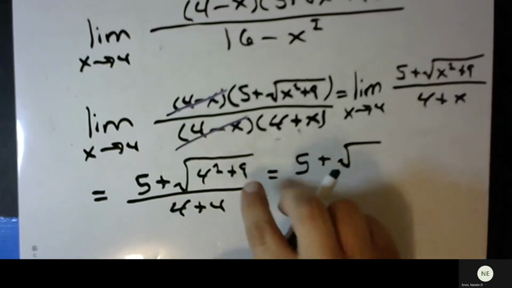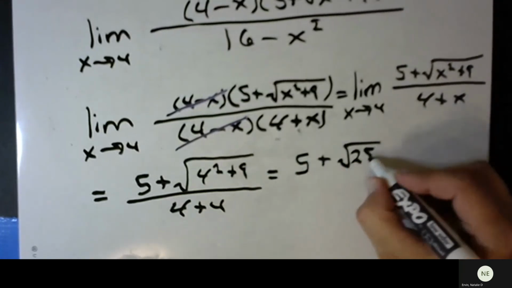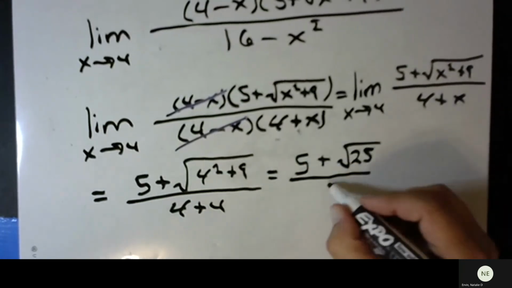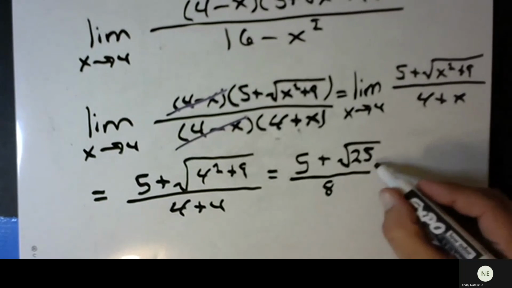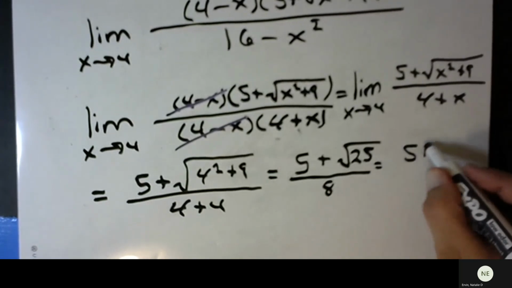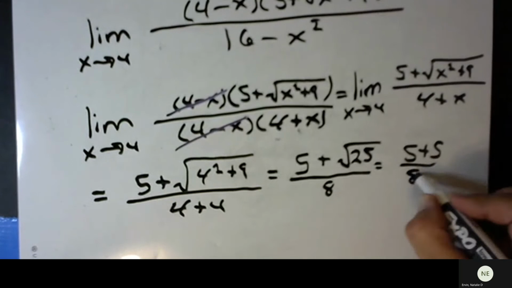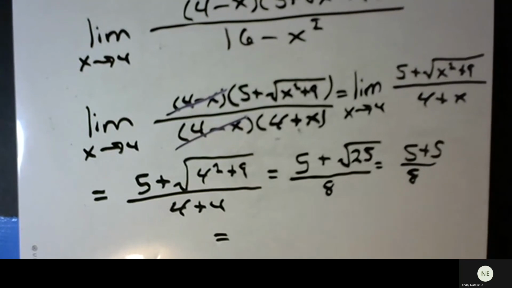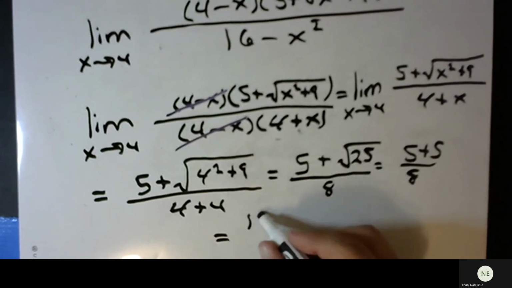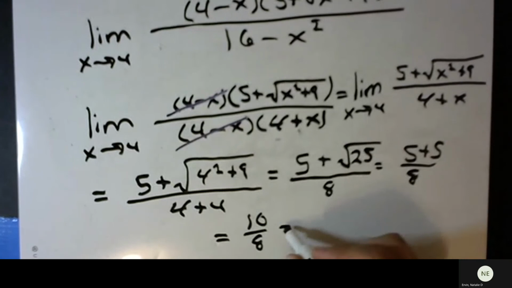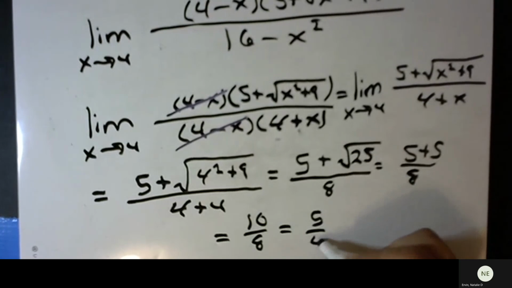So 16 plus 9 is 25. 4 plus 4 is 8. So we get 5 plus 5 over 8. That's 10/8. And then it reduces to 5/4.